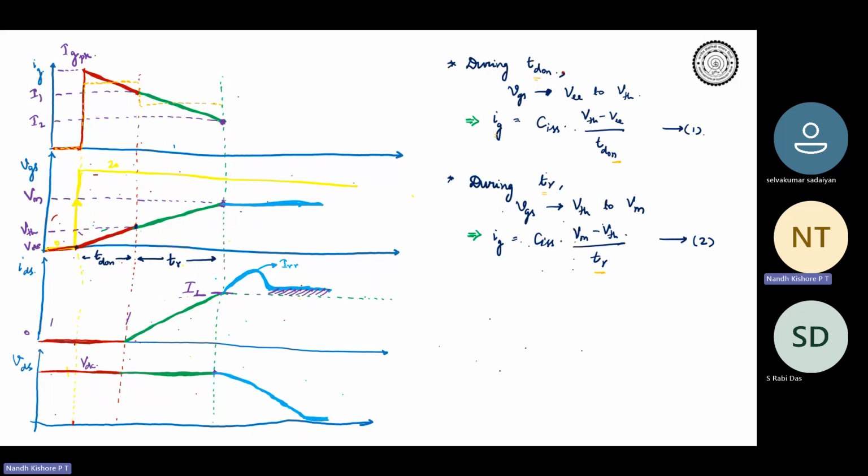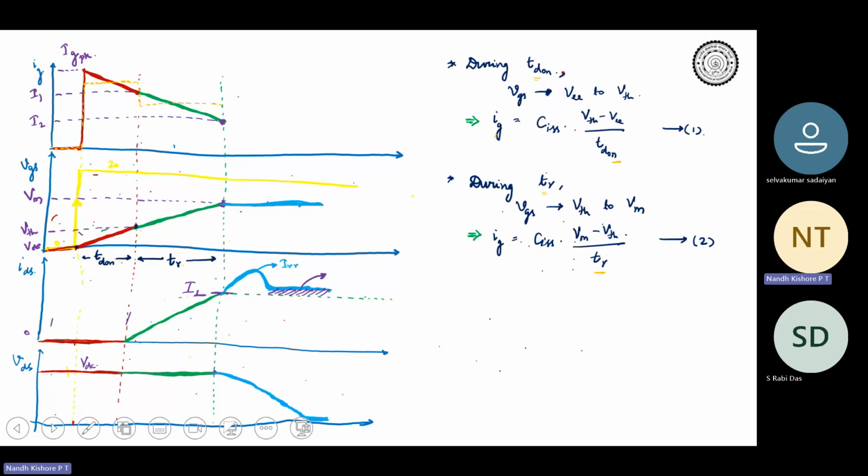Why is this current coming? What is this extra current in IDS? We saw this. Is it leakage current?